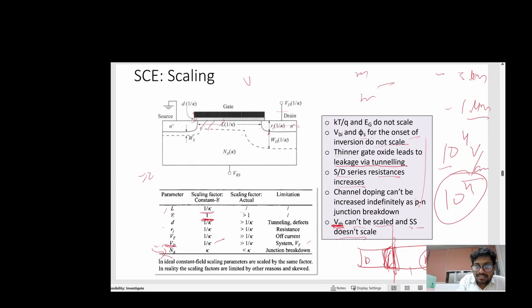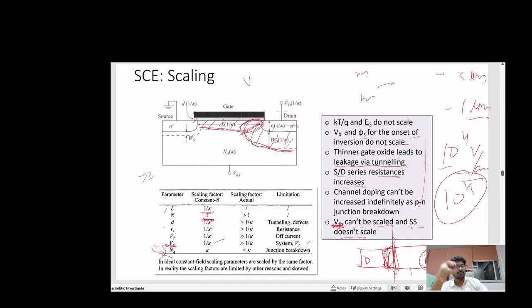This is your depletion region after applying both gate and drain. Because of the gate it will be like this, and because of the drain it will be in this region. Both will share some charge in this region.